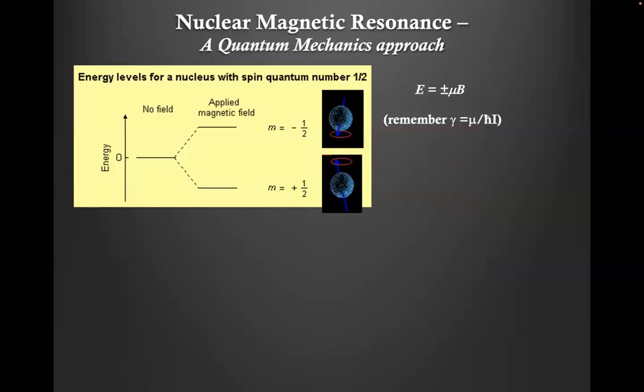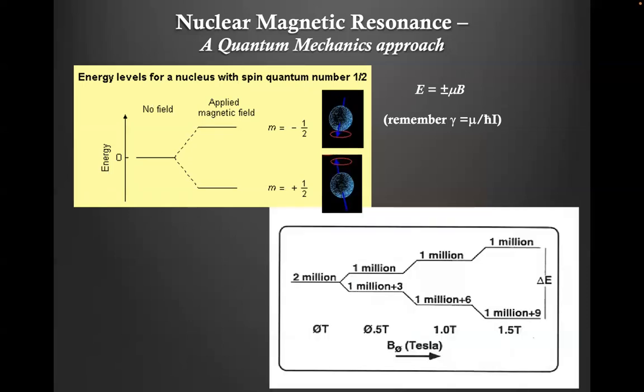So from a quantum mechanics approach, and again, I'm not going to go into any quantum mechanics physics, but just very simplistically, these parallel protons and these anti-parallel protons are going to have different energy states. Let's take an example of 2 million protons at 0 Tesla, namely no external field. They are actually going to split up as soon as there's an external magnetic field.